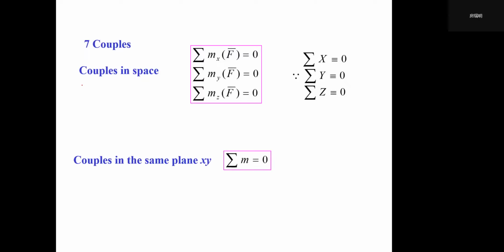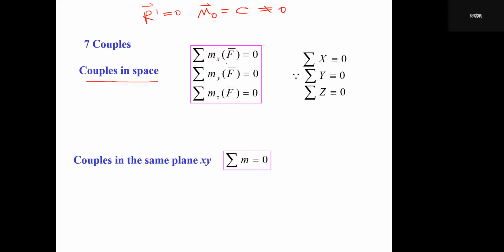And couples in space and couples in a plane. So if we have R prime equals 0, right? Do you remember? And M equals some value not equal to 0. So this means this one will have 3 components.